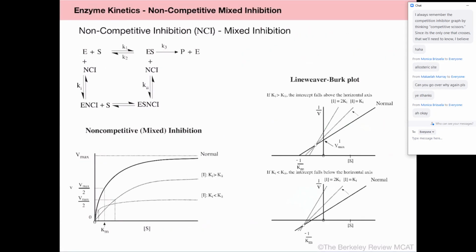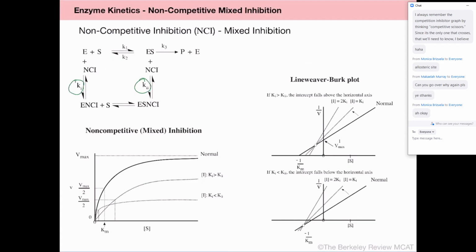All right, so this leads to non-competitive mixed inhibition. All right, and that's the same thing as a non-competitive inhibitor. It's just a little bit more confusing because in the real world, these rates, K here and K here, are not going to be equal to each other.